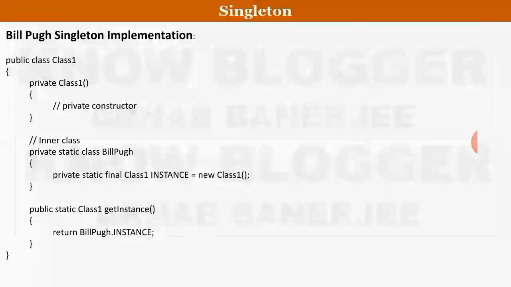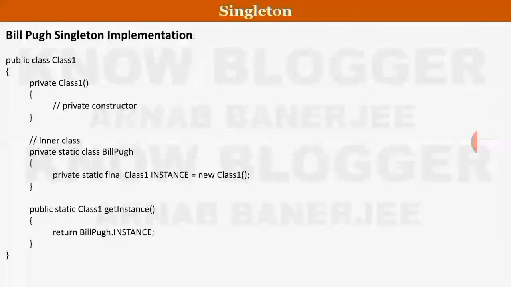And because we are using the final keyword, the instance will be created the first time, and from the second time the class1 constructor will not be called and no new instance will be created. Because once the instance variable is assigned with the new object, it is not going to be changed further.